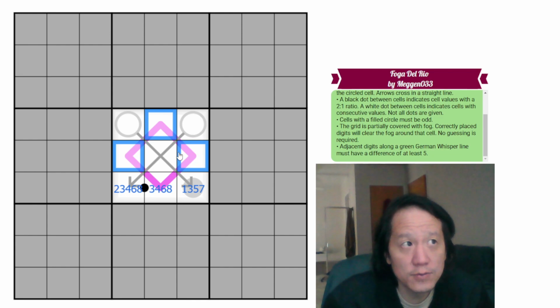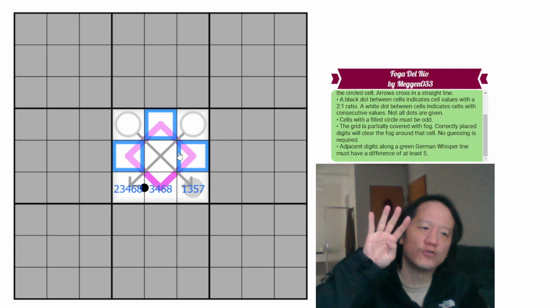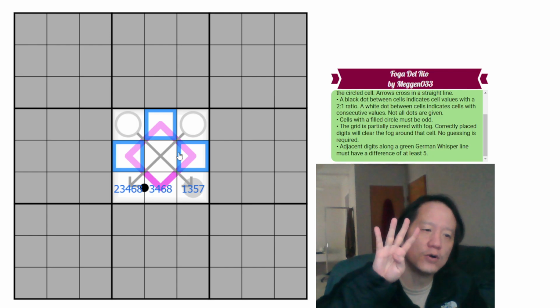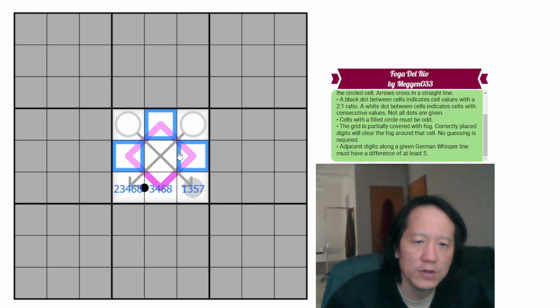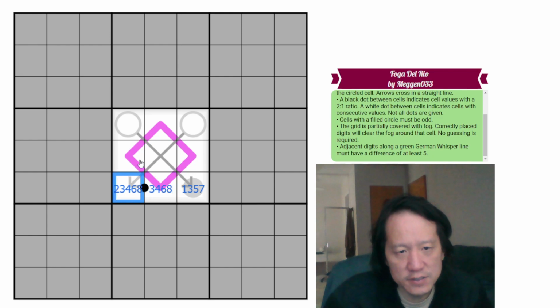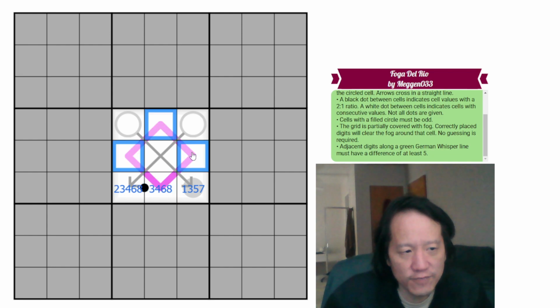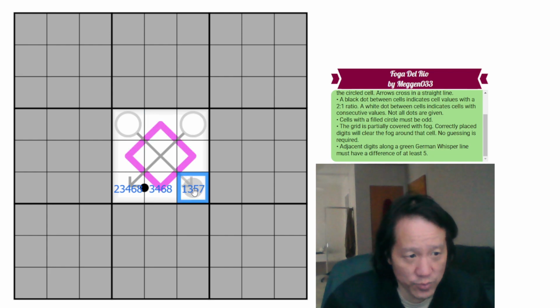It's either 1, 2, and 4 to make 1, 2, 3, 4, or it's 2, 4, and 5 to make 2, 3, 4, and 5. So if this is 3, this is 6, this would have to have a 2 and a 4. It could be 5 or it could be 1 with it. Either way, this can't be 3.